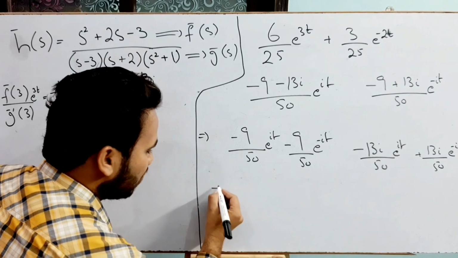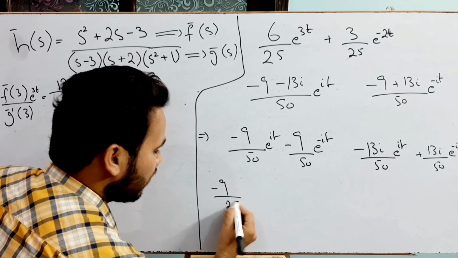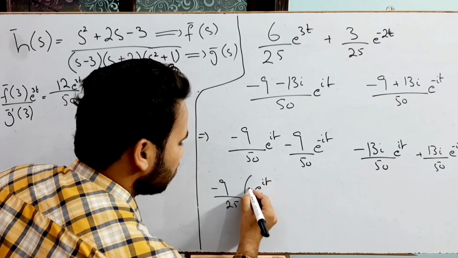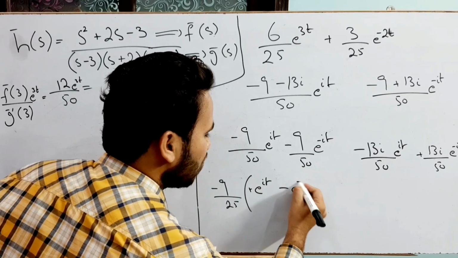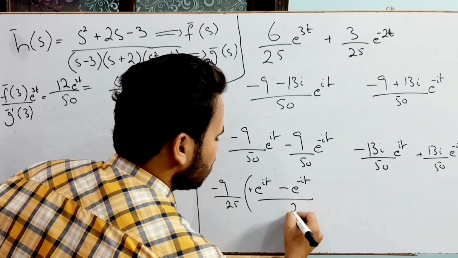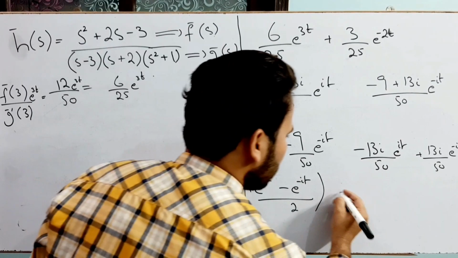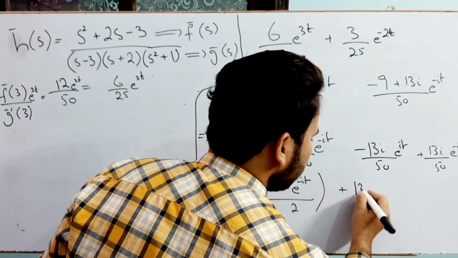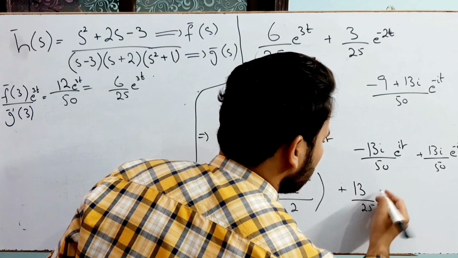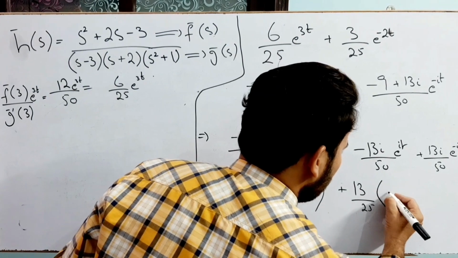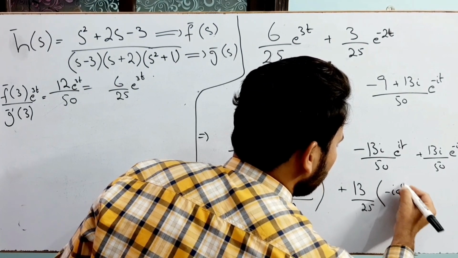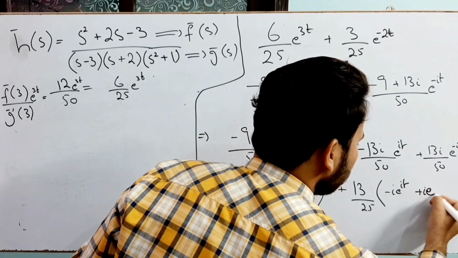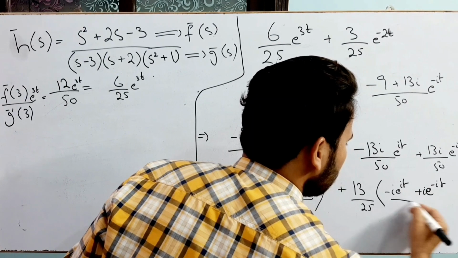Taking common minus 9 over 25, we have e power iota t plus e power minus iota t over 2, plus 13 over 25 times minus iota e power iota t plus iota e power minus iota t divided by 2.